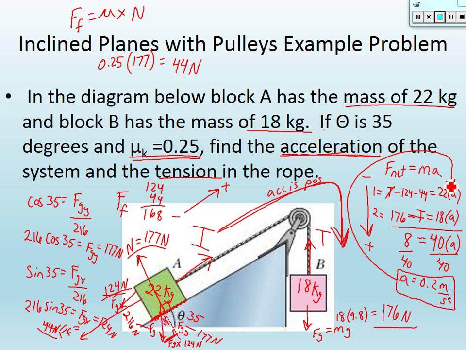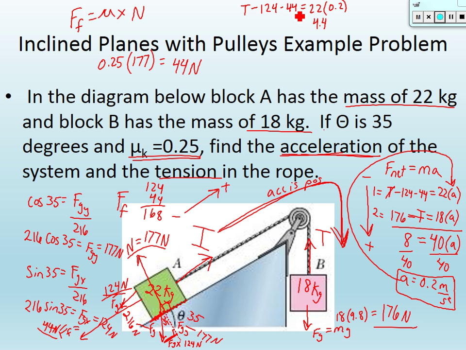I always like to pick where tension is positive, so I'm going to redo this up here. So tension minus 124 minus 44 is equal to 22 times, now we know what acceleration is, 0.2. So 22 times 0.2 is 4.4.